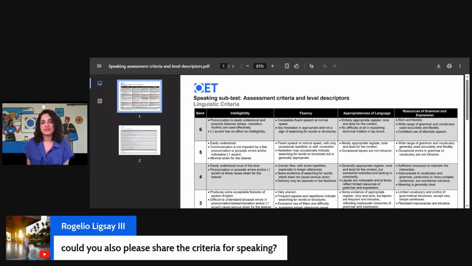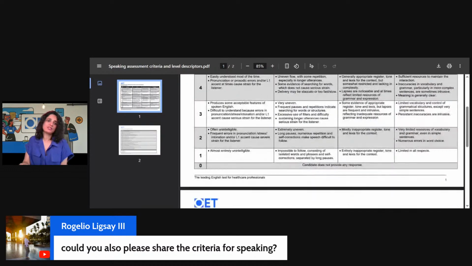So they assess how good your fluency is, that's the fluency criteria, obviously. How good you are with your control over grammar and vocabulary, how well your pronunciation is easily understood, how you can explain medical terms and technical terms to lay people, your patients. All of these are covered under the linguistic criteria.